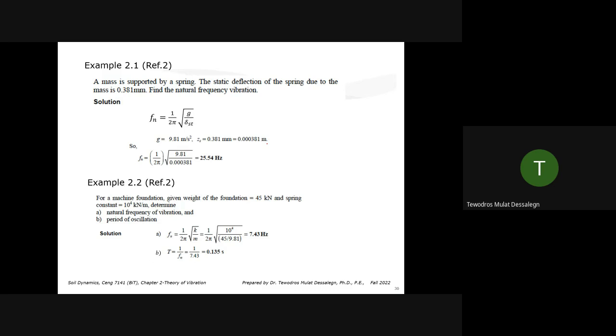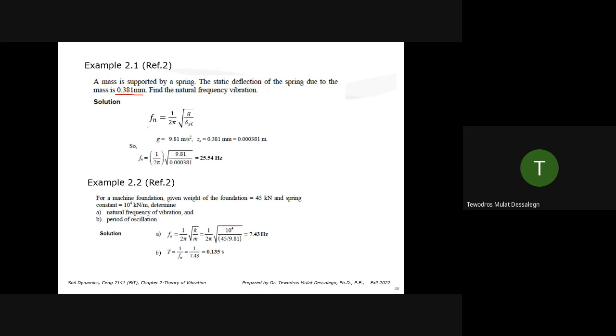Let's see a couple of examples just to show you how to calculate with the equations we just derived. Let's say you have a mass which is supported by a spring. The static deflection of the spring due to the mass is 0.381 millimeter. Find the natural frequency of vibration.